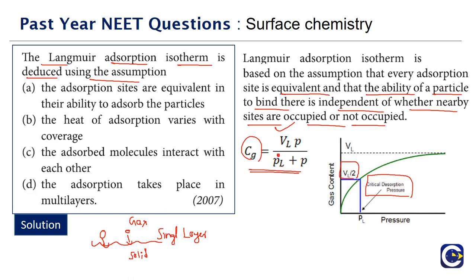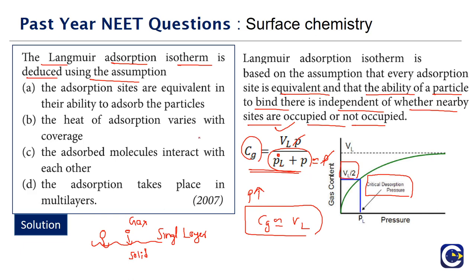And we can see at very high pressures, the value of PL plus P in the denominator can be approximated as P, thereby the P will get cancelled, and we'll see that the amount of gas adsorbed will nearly become equal to VL, the saturation volume. So this is how the Langmuir adsorption isotherm is explained.